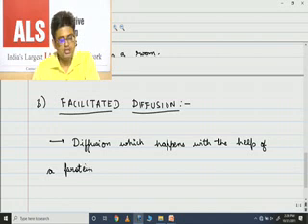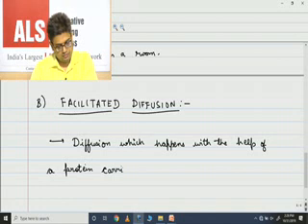And these proteins are basically integral proteins.